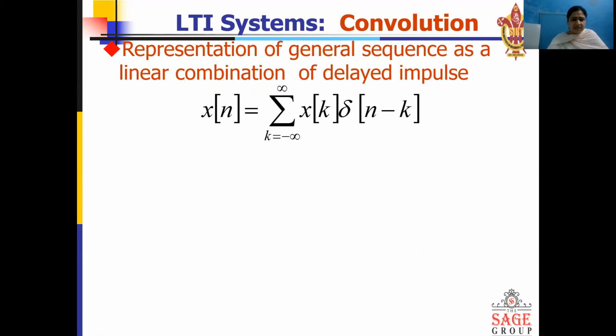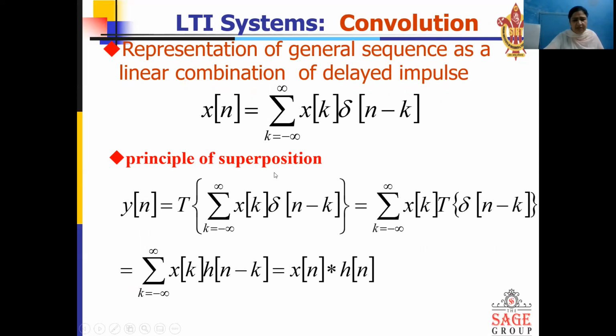Before studying the convolution of a system, we will see that any arbitrary sequence can be represented as a combination of delayed impulses. So x n can be given as summation k equal to minus infinity to infinity x k delta n minus k. That means delta n minus k is a delayed impulse and x k is the weightage given to these delayed impulses.